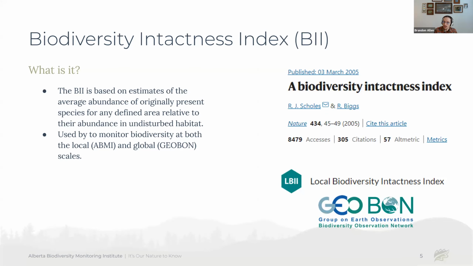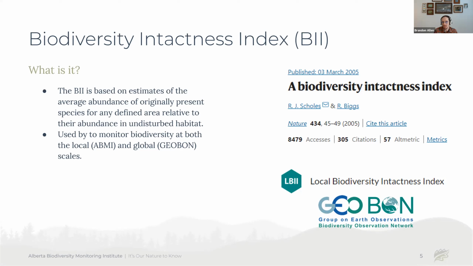So our main environmental index, and again, this is just one of the many that the ABMI produces and reports on, is the Biodiversity Intactness Index. In simplest terms, this index, sometimes called the BII, just tries to estimate the abundance of a species present in natural habitats, and compares that to a state where there was disturbance.